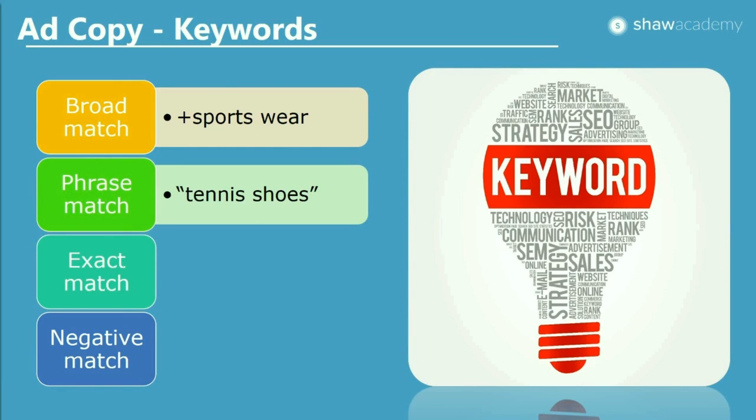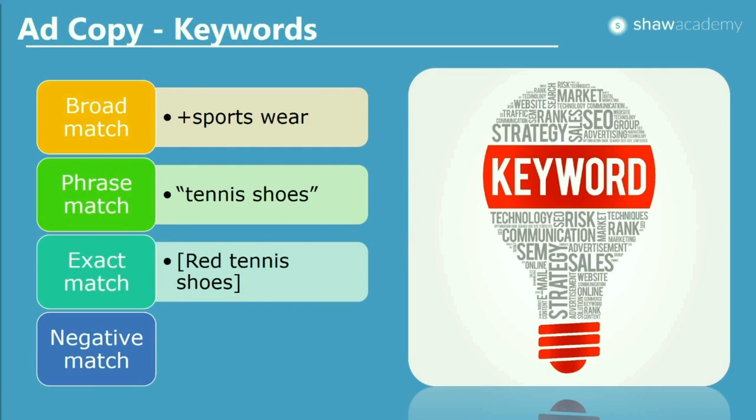You can specify what type of match you want your keyword to be, so it's well worth knowing these. For exact match, red tennis shoes, it won't show for tennis shoes, and it won't show for just buy tennis shoes. It'll only show for red tennis shoes if people type those in.